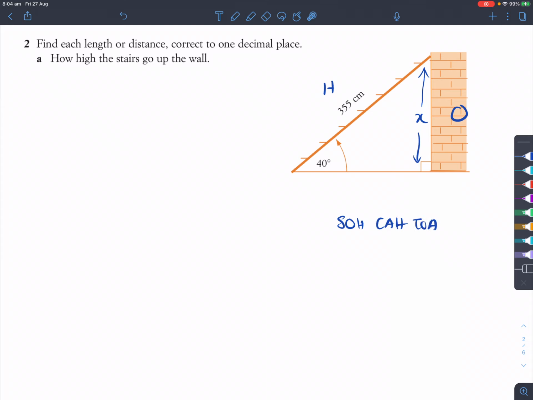you know that O and H belong to the first bit, so that represents the sine ratio. So sine of 40 is equal to x over 355.